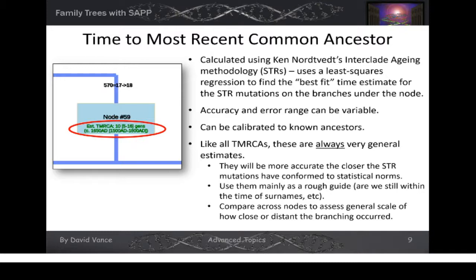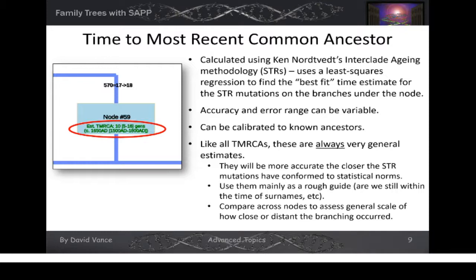So you'll see in the example on the left, you have an example age in generations and then a translation to an actual date. And then in parentheses, you'll have an estimated error range. The size of that error range depends on the variation in STR mutations underneath that, and how far off the different points vary from the estimated age. So that's the explanation of what the text means.